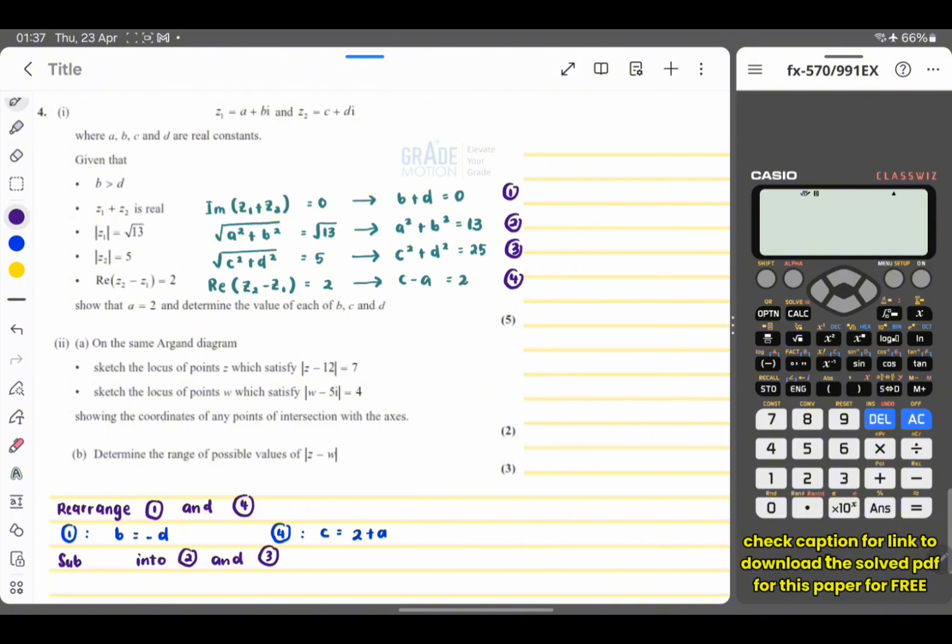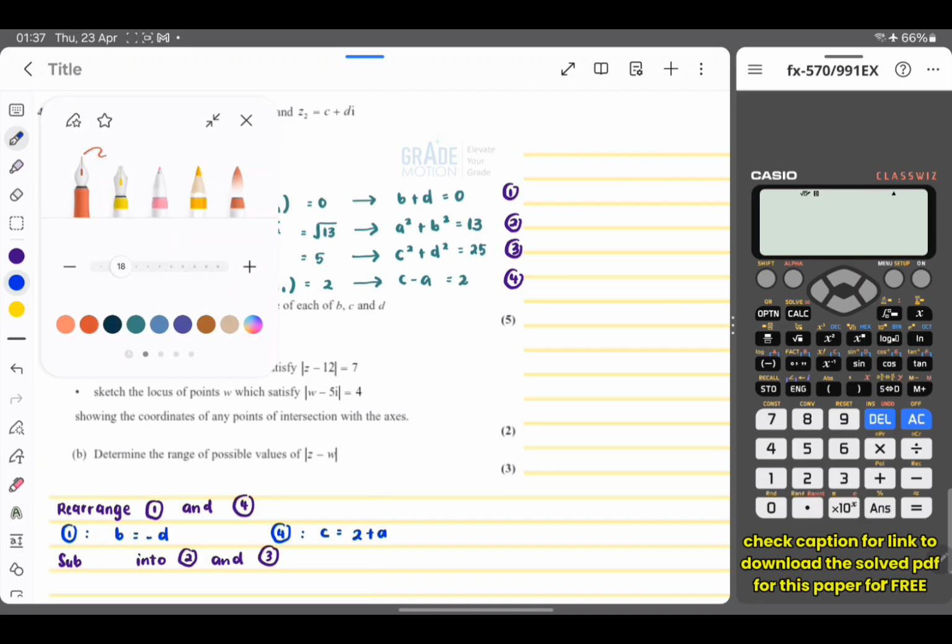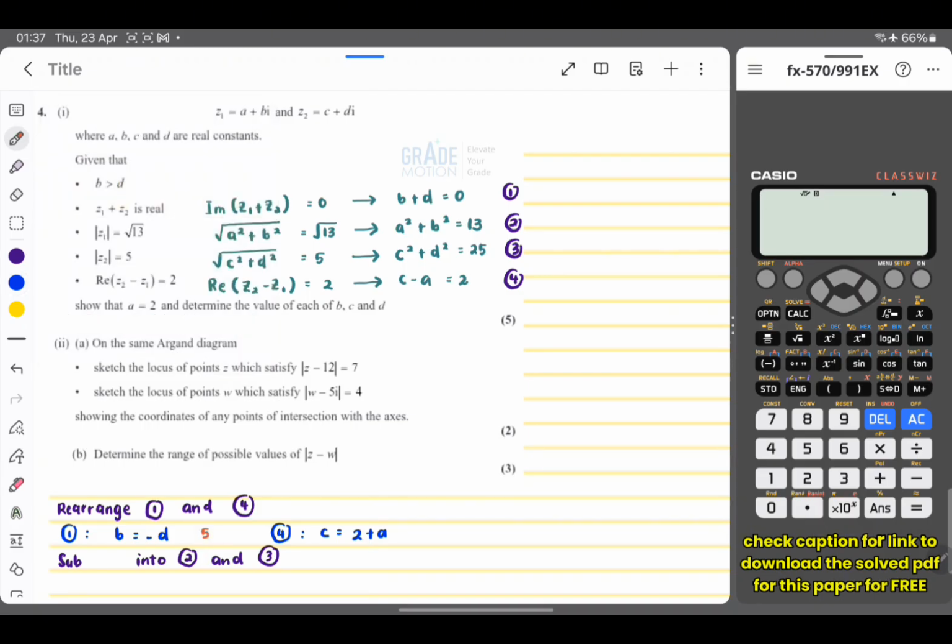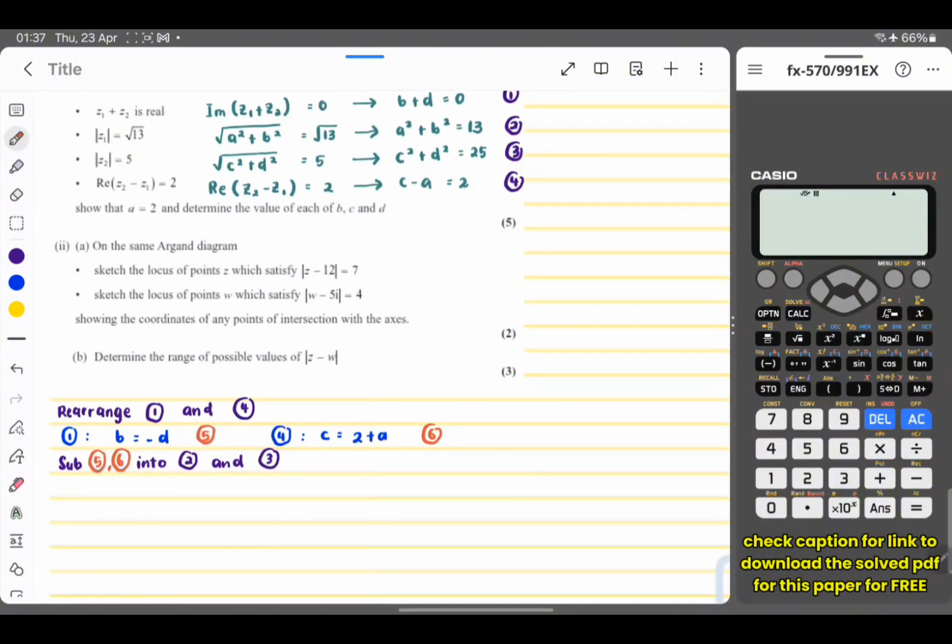Let me name this equation 5, and here is equation number 6. So substitute 5 and 6 into 2 and 3.